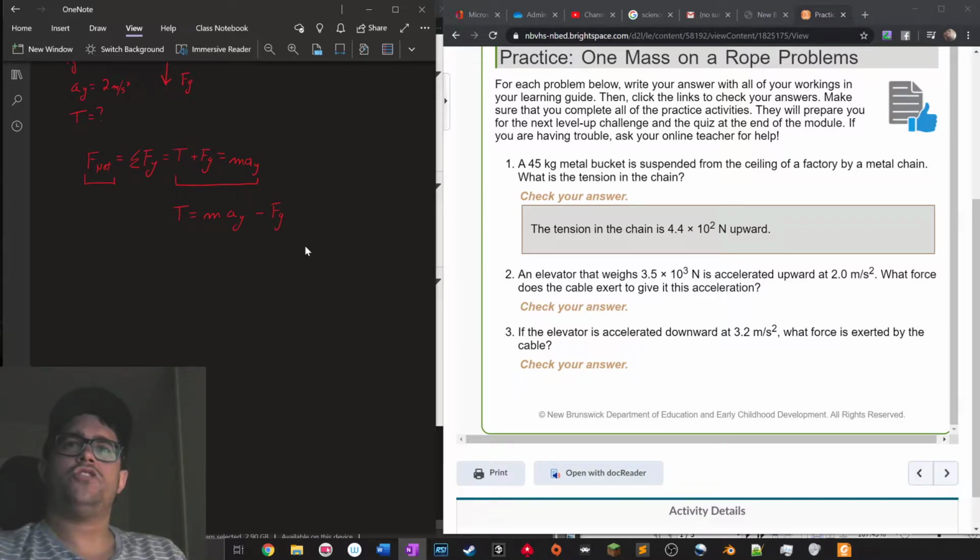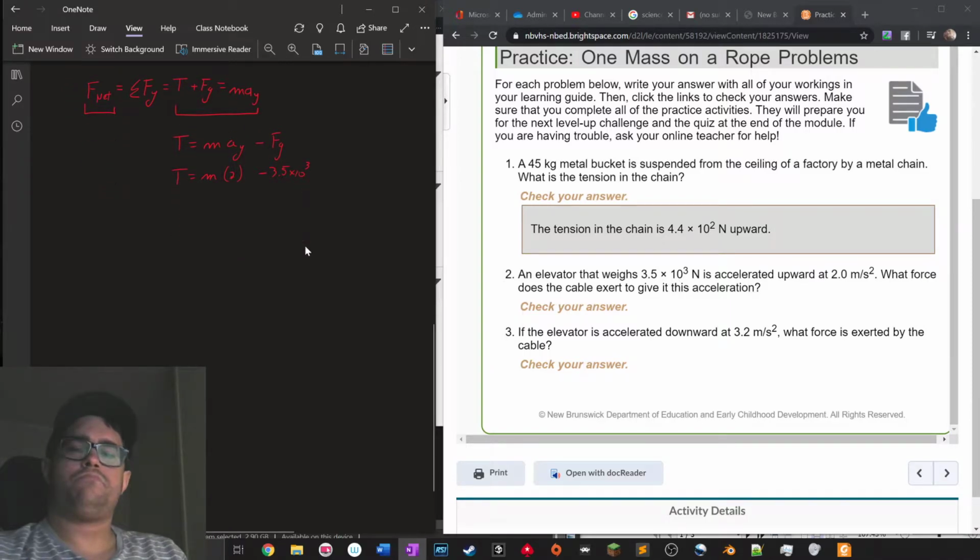We know what Fg is. It's over here, 3.5. We can put that here, minus 3.5 times 10 to the 3. The issue that we have is that we don't know M, and we need to know M to work.